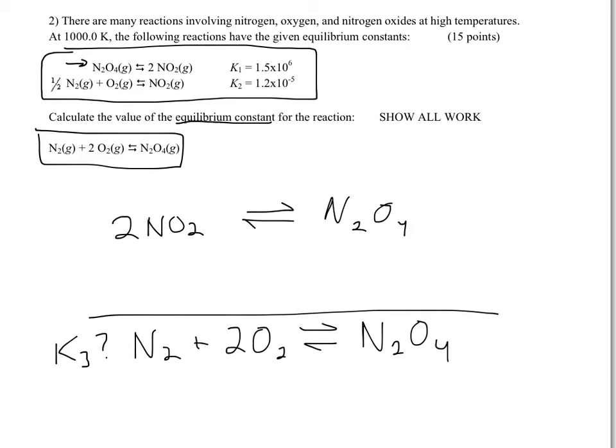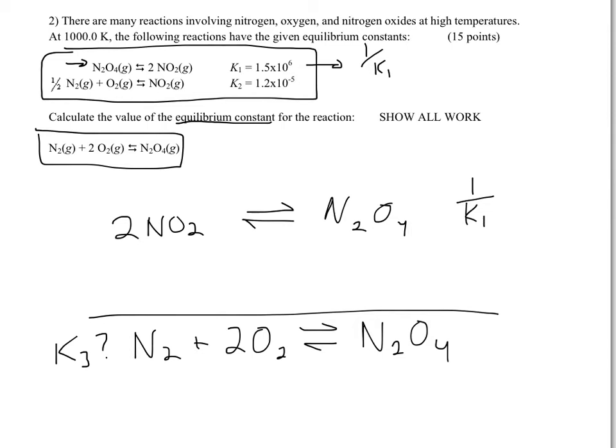Since we flipped the direction of that reaction, our new equation is now going to be 1 over K1. We've made products reactants and reactants products. I don't have any numbers yet, but that would be 1 over K1.